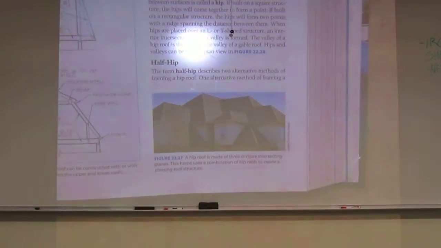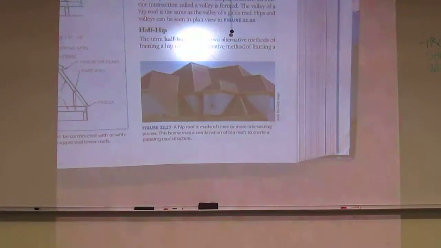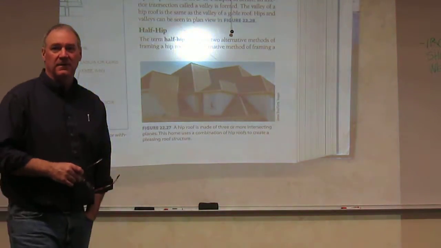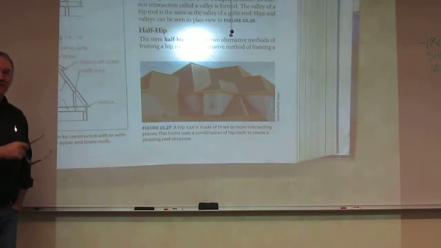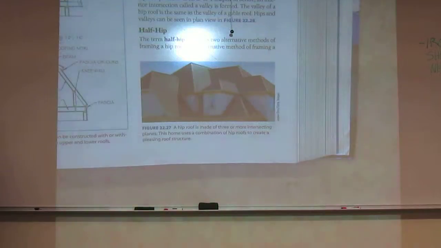Next one, hip roof. Hip roof, denoted by just a simple term: all edges slope. Primarily, why would I use a hip roof? To reduce the mass of the roof. It's a real common roof in today's world.